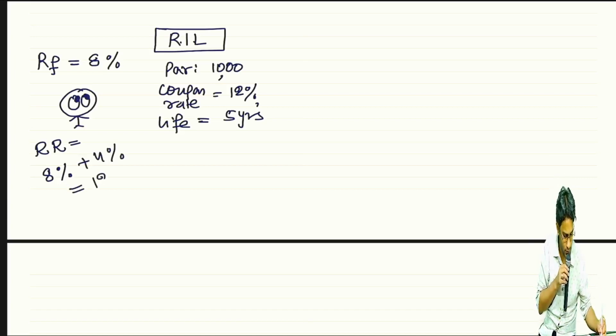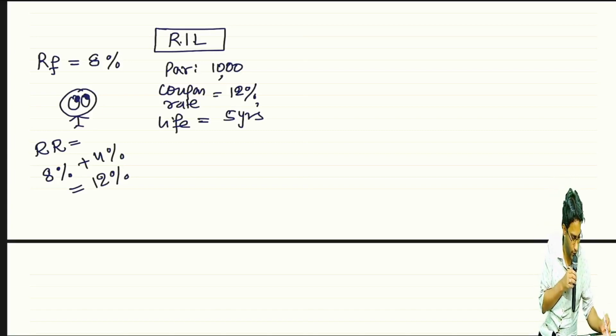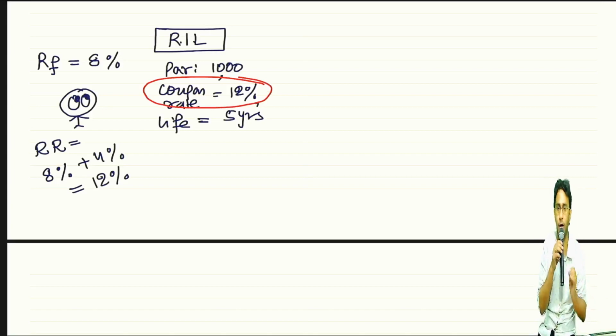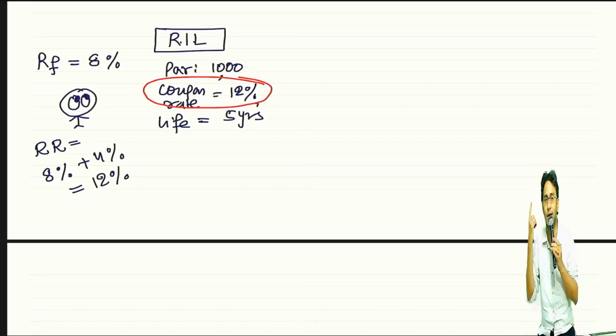So that came to how much? 12%. I want a return of 12% from this company, and he looked at the company's bond. Wow, fantastic. This company is also offering a coupon rate of 12%. I want 12, company is giving 12.